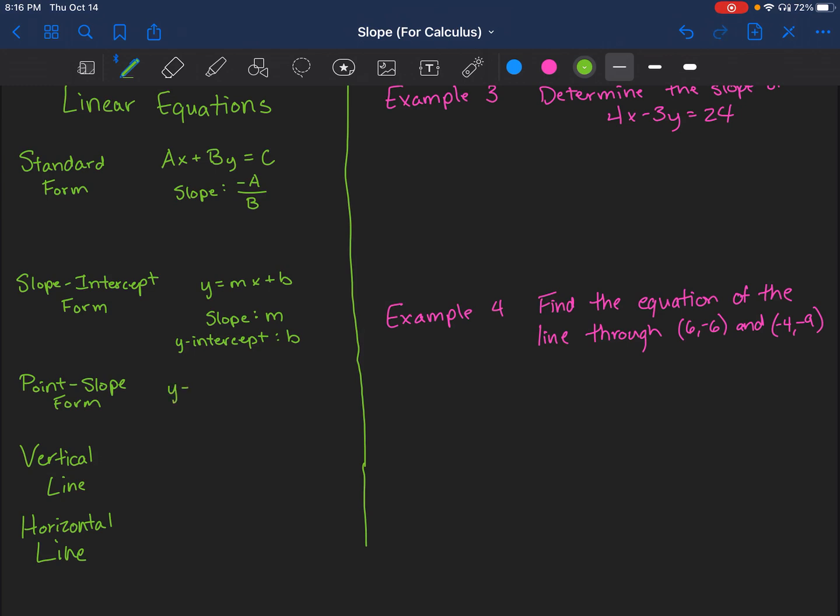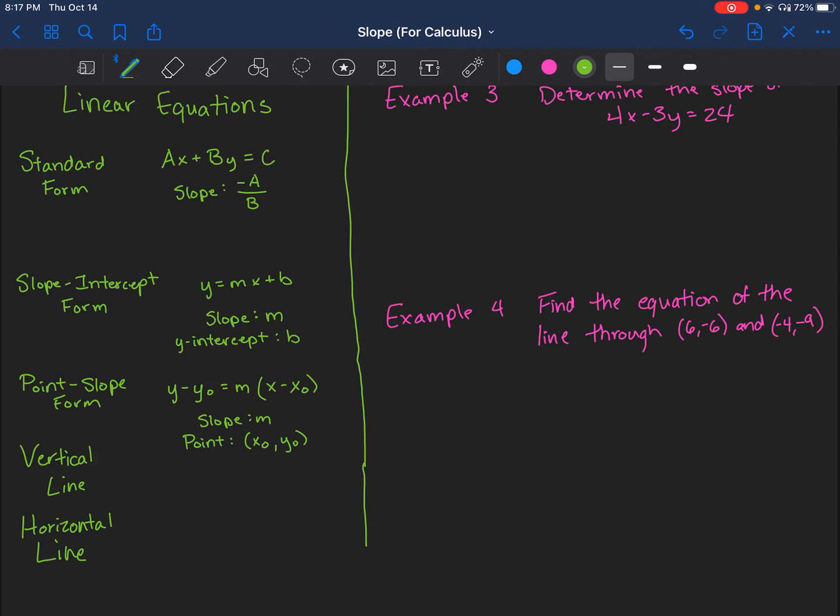We're going to start off with y minus y0 equals m, the slope, times x minus x0. In this case, slope is represented by the letter m, and our extra point is going to be (x0, y0).